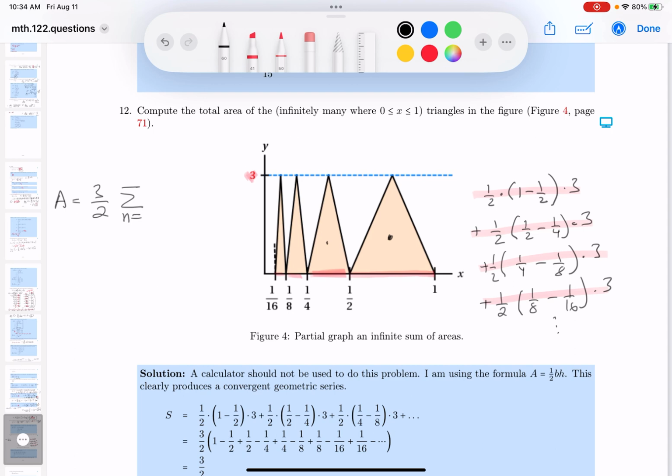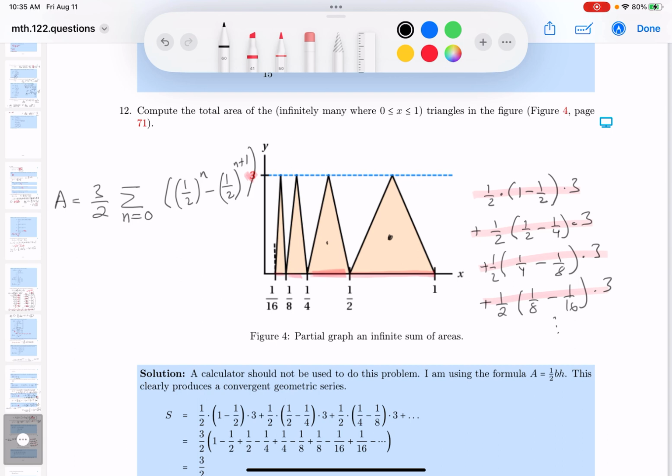It looks like something to do with a half, by the way. So I'm going to start at 0, and it looks like I'm getting, and I'll check it, 1/2 to the n, which would give me the 1, and then minus 1/2 to the n plus 1.